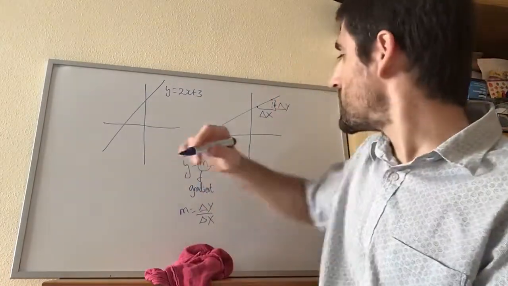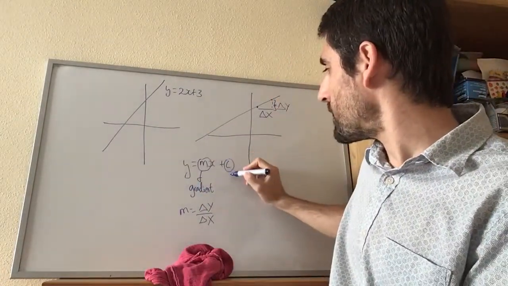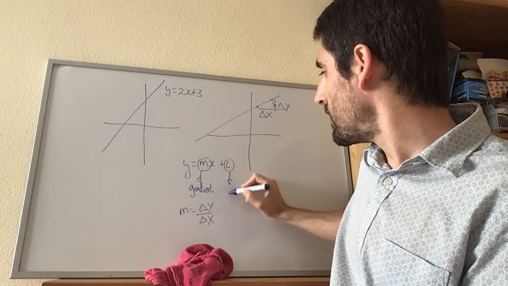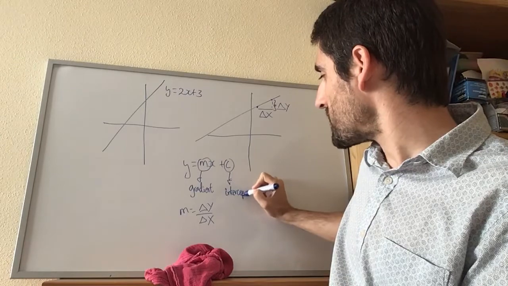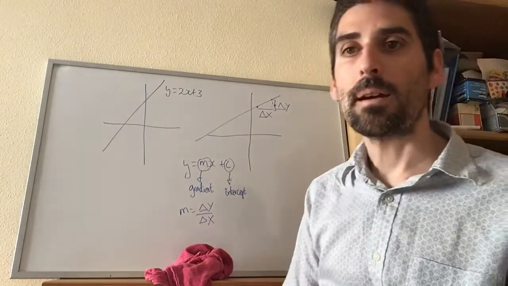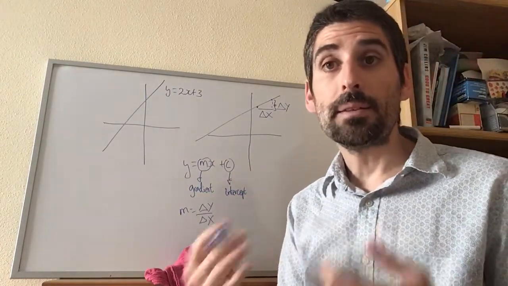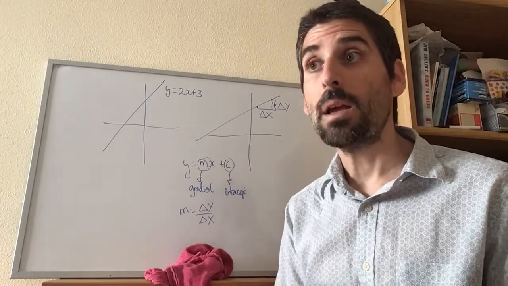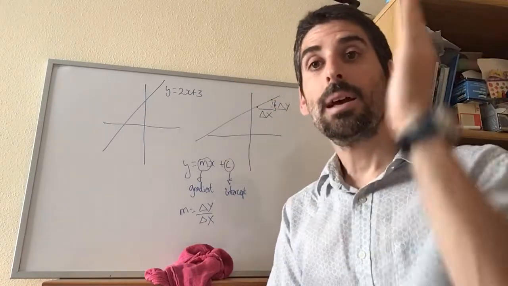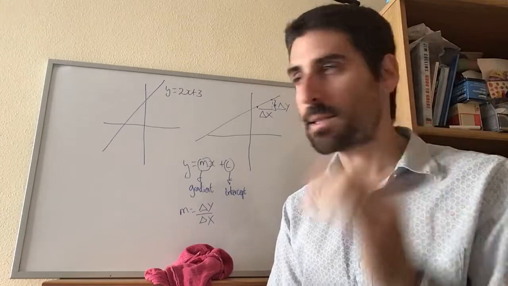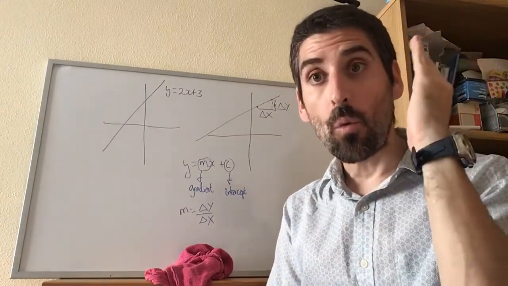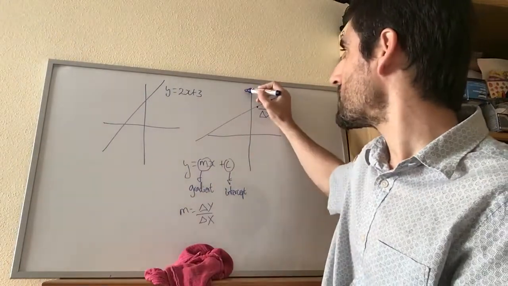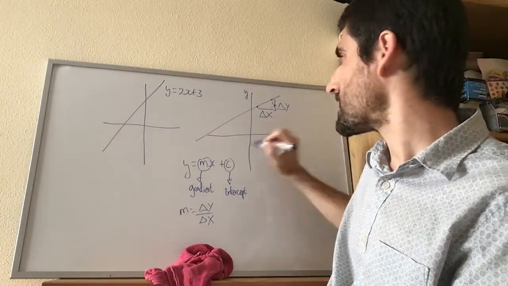Now we need to find c, and this c, this number here, we call the intercept. And the intercept is simply where your line cuts the y-axis. So at which point does the line cross the y-axis? Remember, that's the y-axis, that's the x-axis.